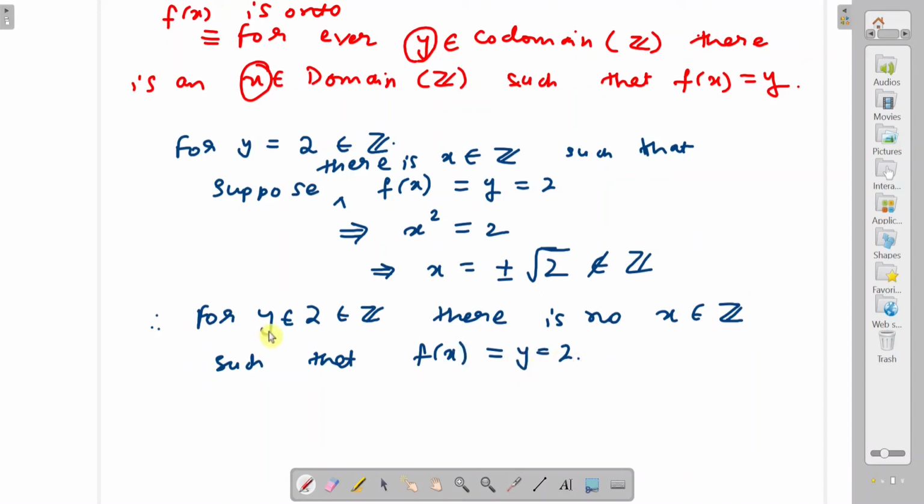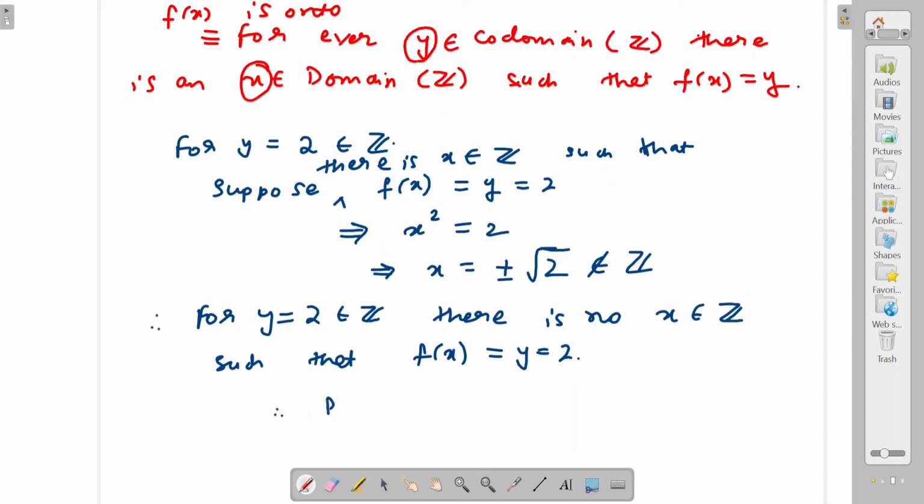We are getting an irrational number, plus or minus root 2. So there is no x such that f(x) is equal to 2.